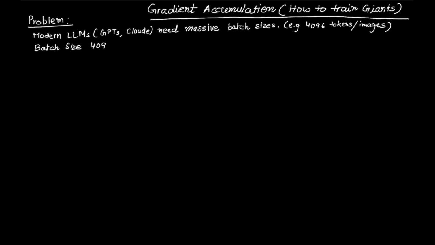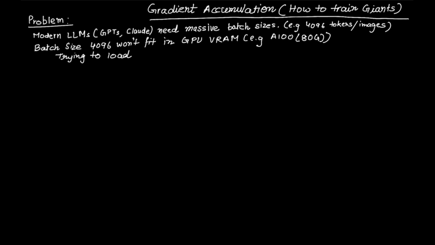A batch size of 4096 high-resolution images simply will not fit into your GPU memory or VRAM. If you try to load 4096 images into a standard NVIDIA A100 with 80 GB memory, it will explode. You will get the dreaded CUDA out of memory error. You can maybe fit 32 images. So we are stuck. Do we have to use small batches?